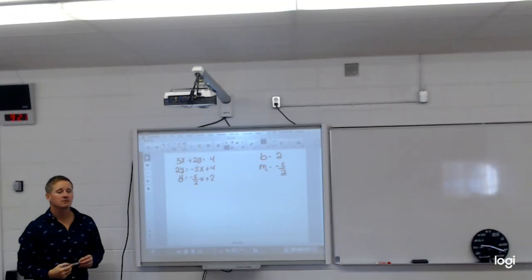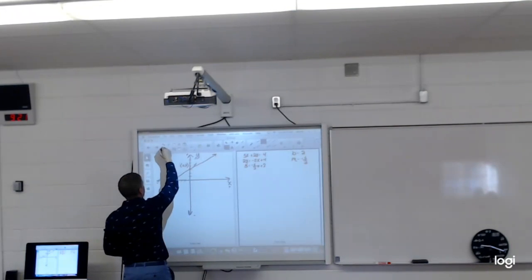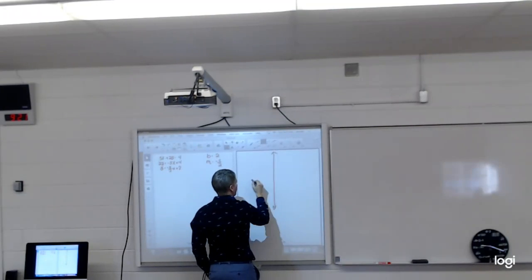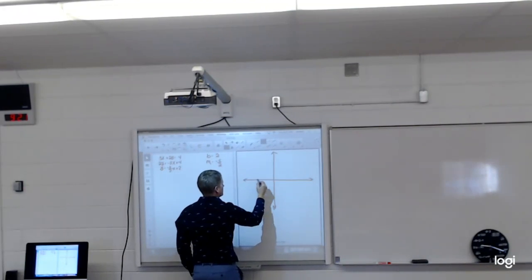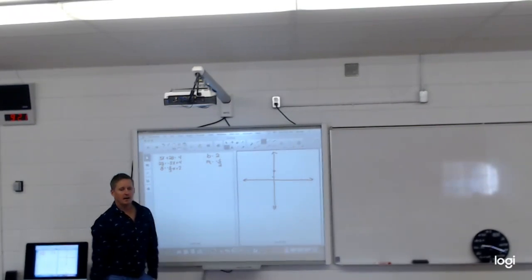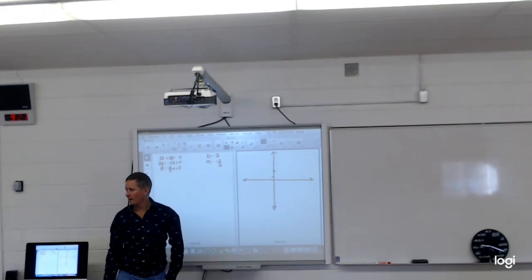Down. Jason? Down 5, right 2. Down 5, right 2. So let's get this set up then. Zero and 2, right there. Is that your B? Yep. That's my B coordinate, right?